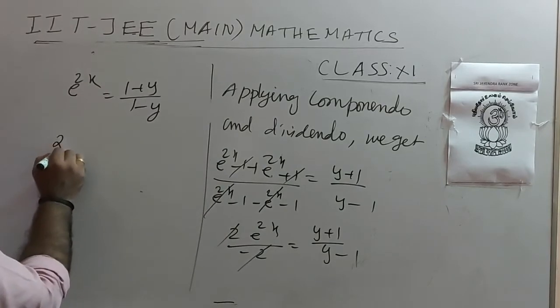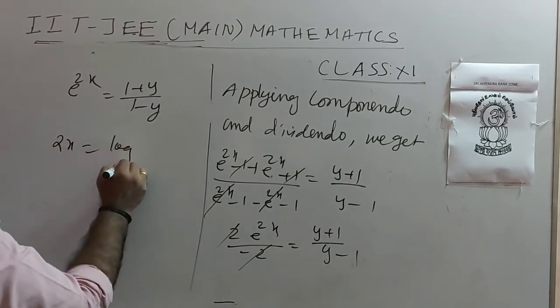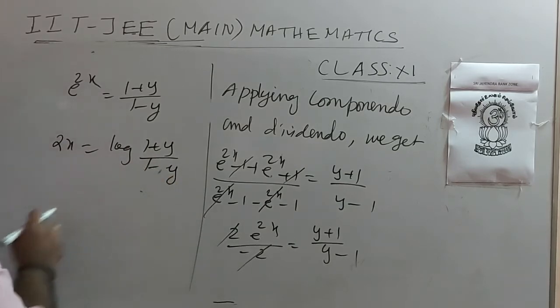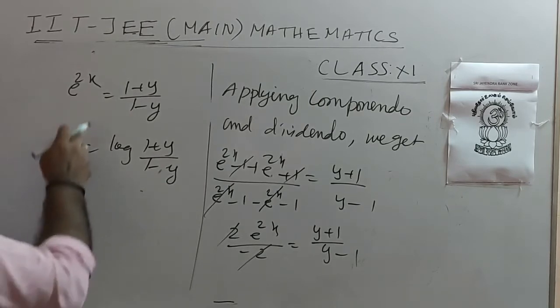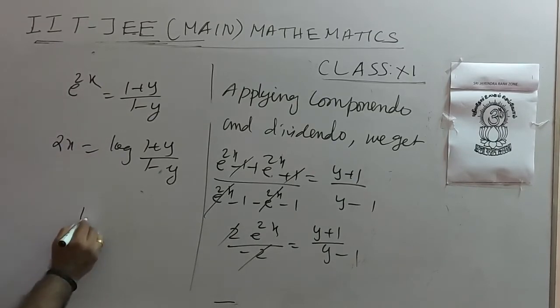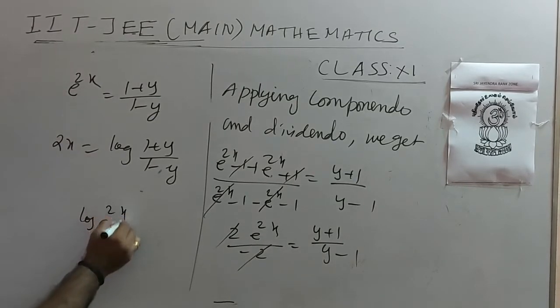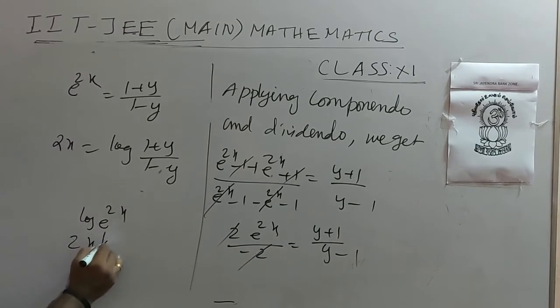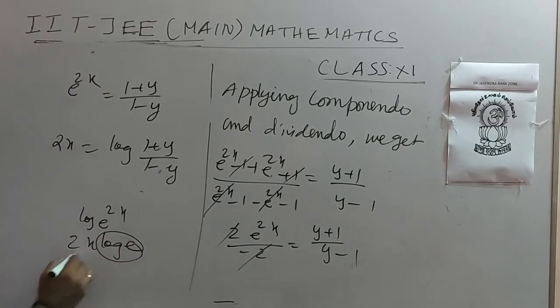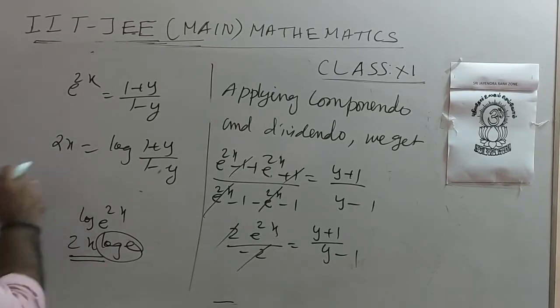Taking logarithm on both sides, 2x equals log of 1 plus y by 1 minus y. To remove e, take log on both sides: log e power 2x, the 2x comes in front of log, and log e equals 1, so we have only 2x.